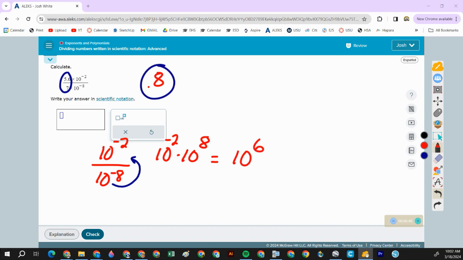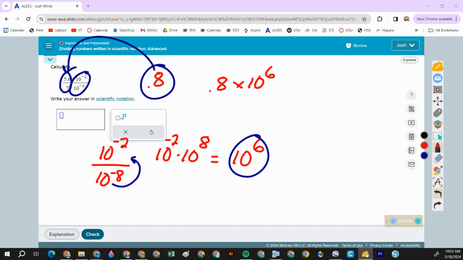So this is the quotient of my coefficients. And then this is my quotient of the exponential piece. So I have 0.8 times 10 to the 6th. However, the rules of scientific notation say you have to have one number in front of the decimal.